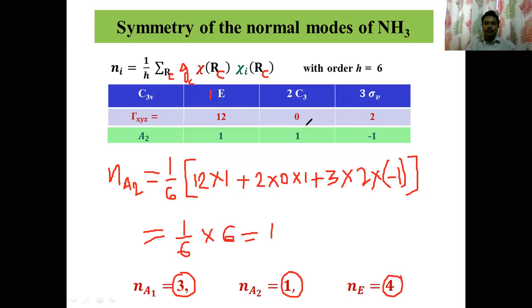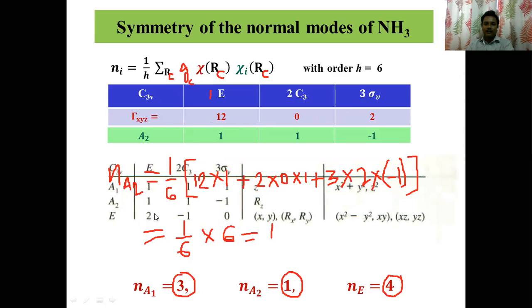So for identity, for doubly degenerate representation, let's bring back the character table. Then you will be able to realize, for the doubly degenerate representation E, the character is going to be 2.